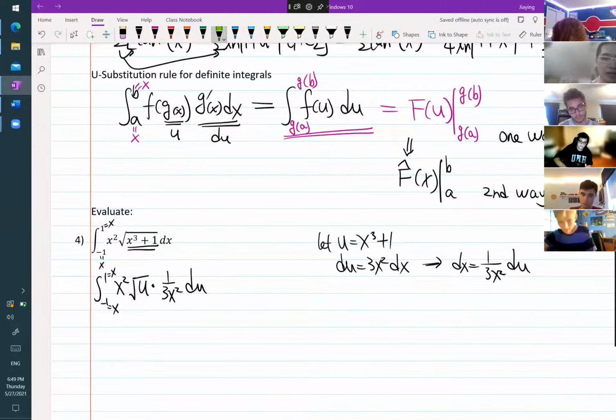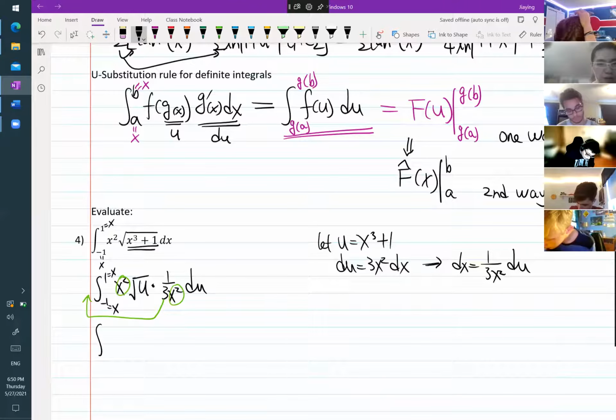Now I'm going to simplify the x squared, and bring 1/3 in front of the integral. So I have 1/3 times the integral from -1 to 1 of square root of u du. I hope you agree with me there. And then I can rewrite the square root of u as u to the half to make it easy to integrate. But keep in mind that those are the x values.